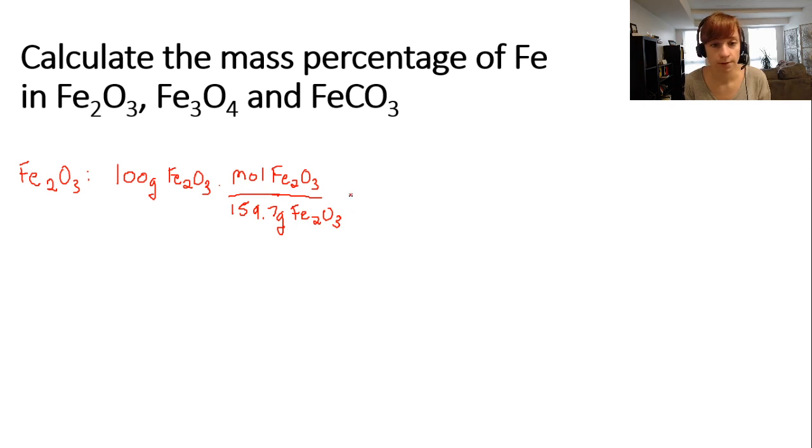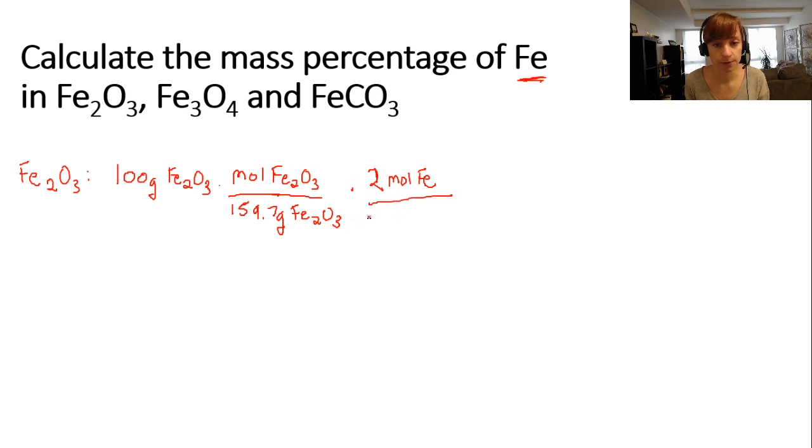Now the question asks for the mass percentage of iron, not the mass percentage of the molecule as a whole. So in Fe2O3, for every 1 mole of Fe2O3 there's 2 moles of iron, because it's Fe2.